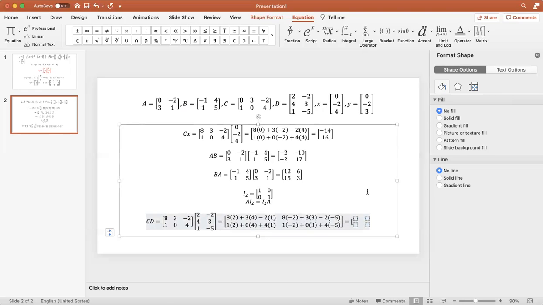Executing the operations, you'll get 8 times 2, 16 plus 12, 28 minus 2, so that's 26. Here you have negative 16 plus 9 is negative 7, plus 10.